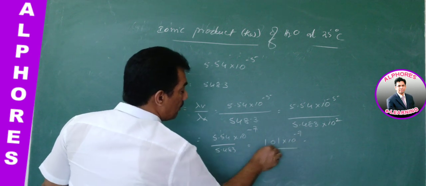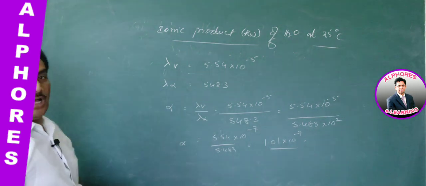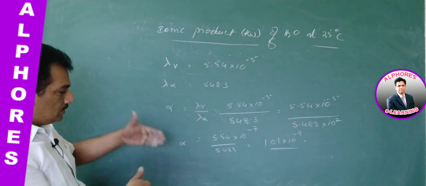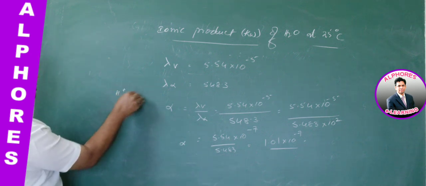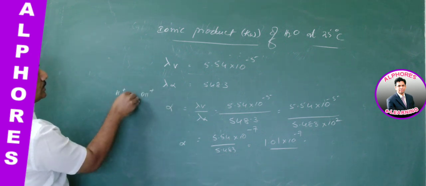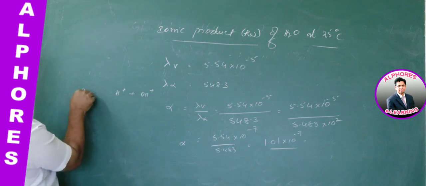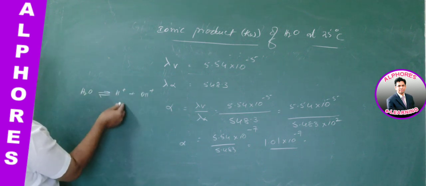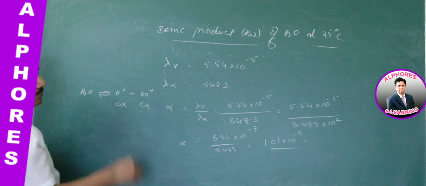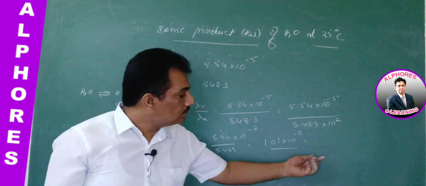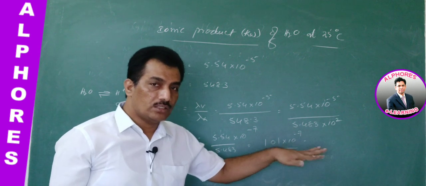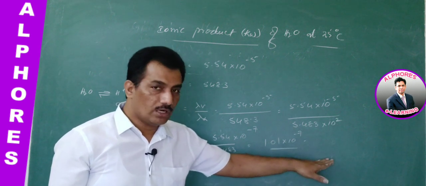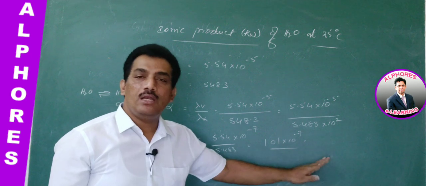This is alpha. And just before this, we discussed that the H plus or OH minus ion concentrations in water at equilibrium are C alpha and C alpha. But now in this discussion, we are considering one equivalent weight or 1 mole of water dissolved in 1 liter of water.